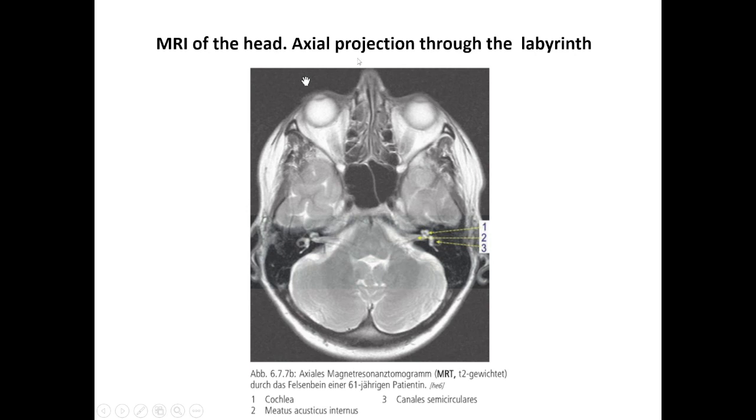Here it is, a head which is cut with the MRI method. Can you recognize here, what is it? What do you think it is? It's part of the brain, but what part? Cerebellum. It's cerebellum. Do you recognize what this is? Sinus sphenoidalis.